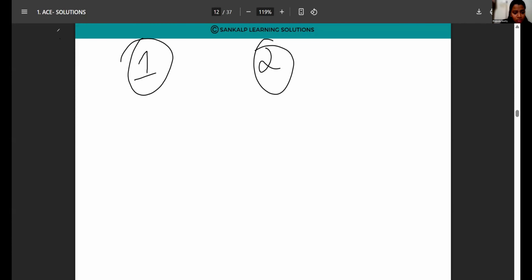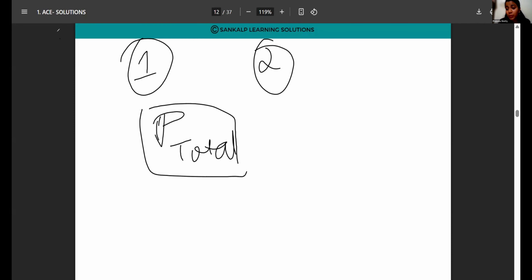So in general, let's take P total. P total is the total vapor pressure that we are considering. And what would P1, P2 be?